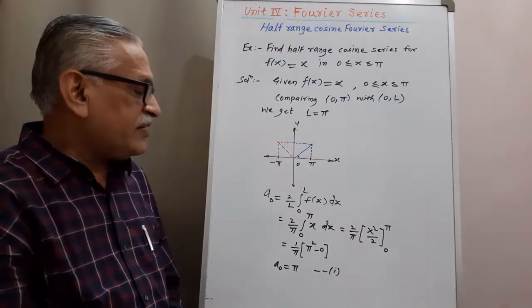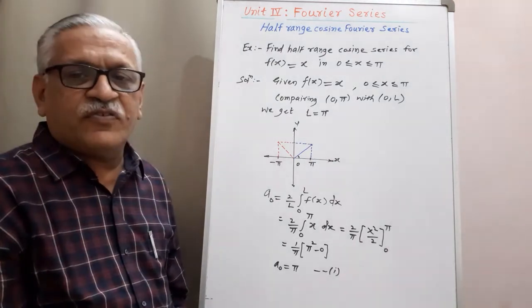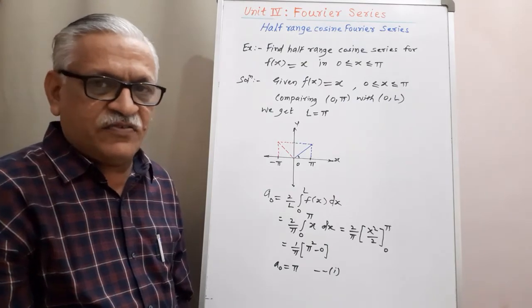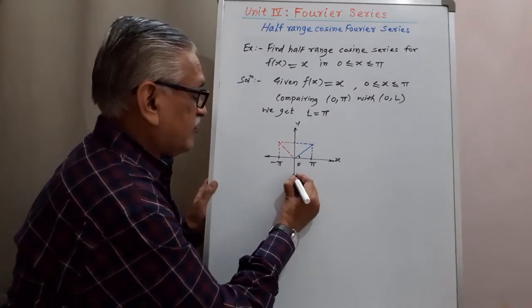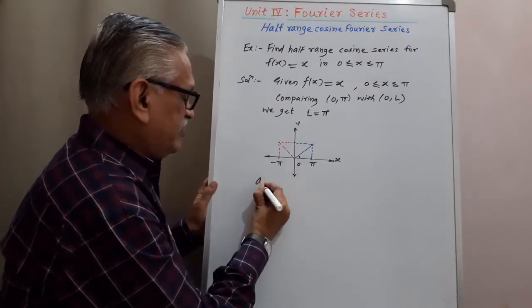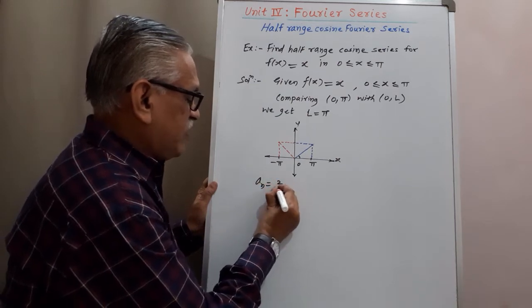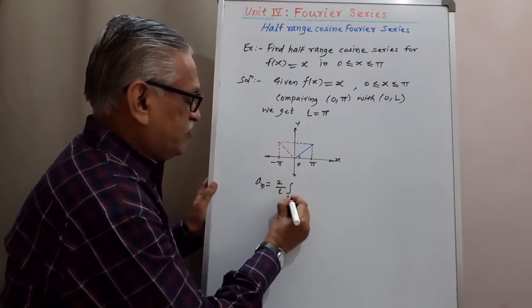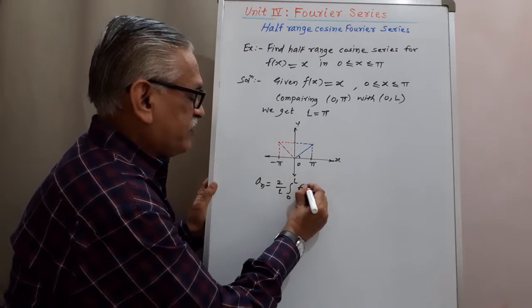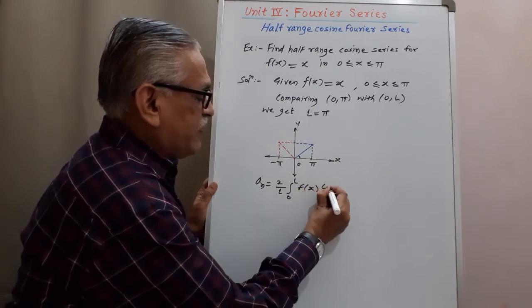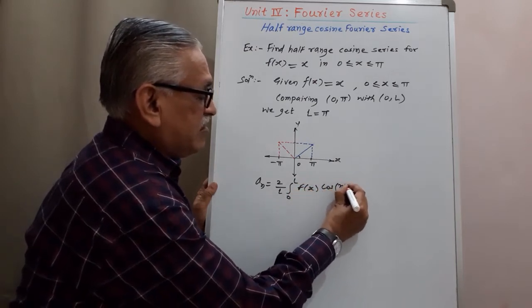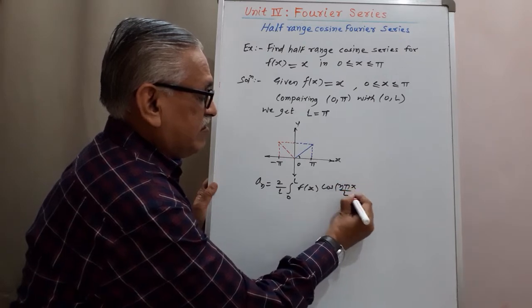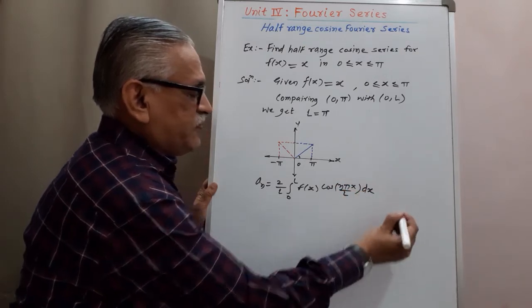Then in the next step we require to find an. an is given by the formula 2 by L integration from 0 to L f of x into cos n pi x by L, and its integration with respect to x.